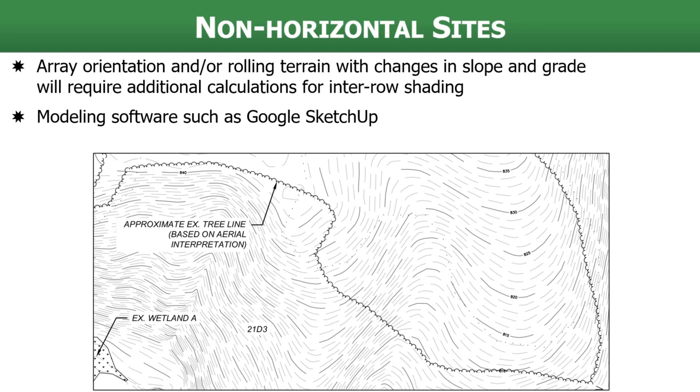If you need to, there is modeling software like Google SketchUp, or there are some AutoCAD add-ons that can help you when you have varying array orientation and or rolling terrain or changes in slope of a site. In this lesson, we're assuming that the ground or the roof is flat. If you're on rolling terrain, you're going to have to look into some more advanced software.